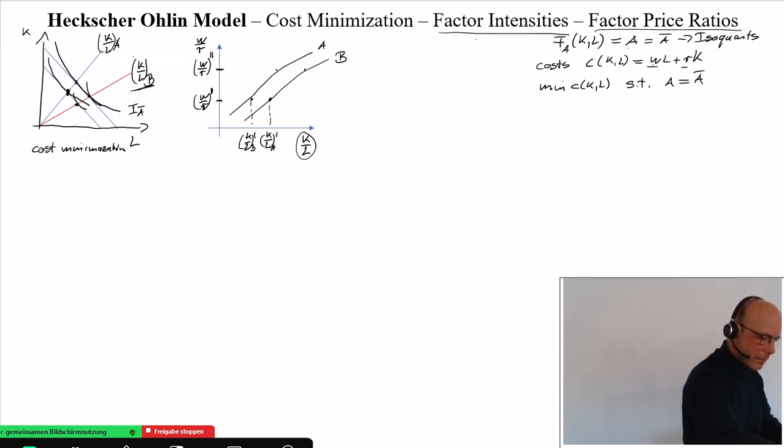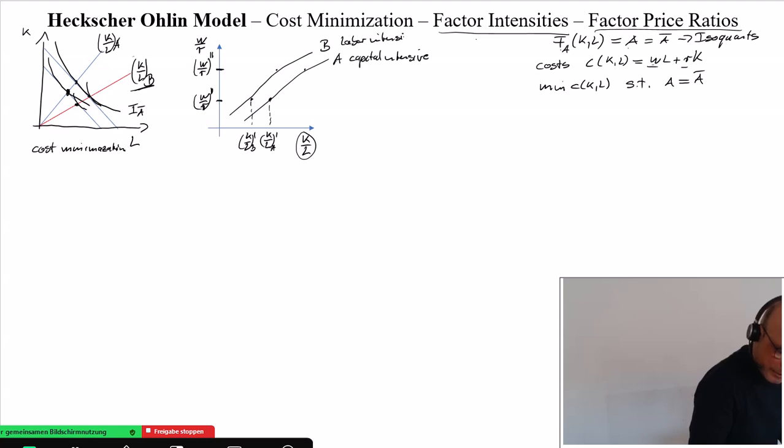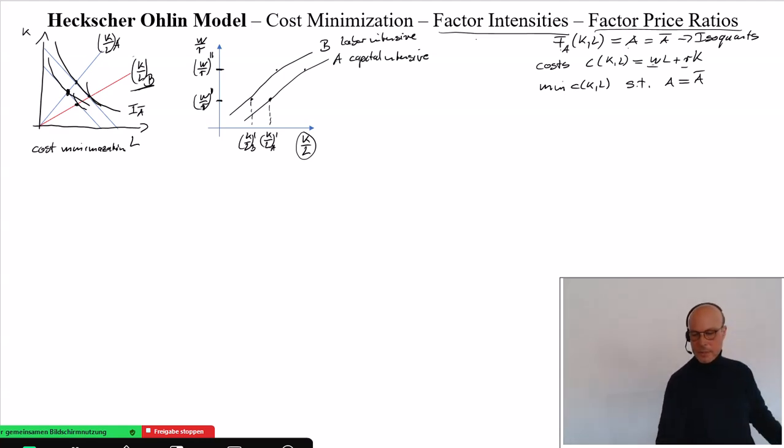Sorry, the other way around. This was wrong. This is good A, and this is good B. And remember, this was capital intensively produced, and this was labor intensively produced.